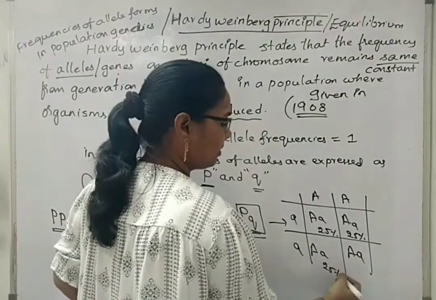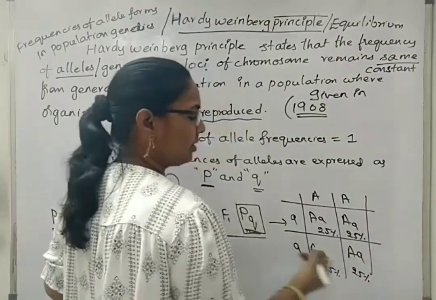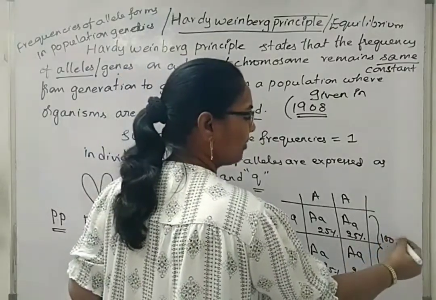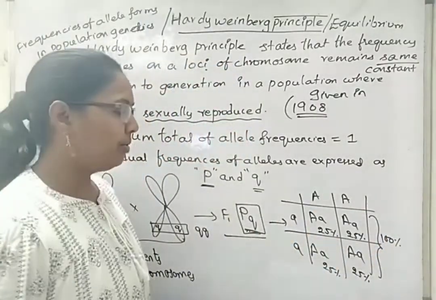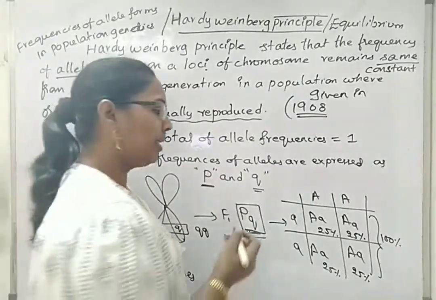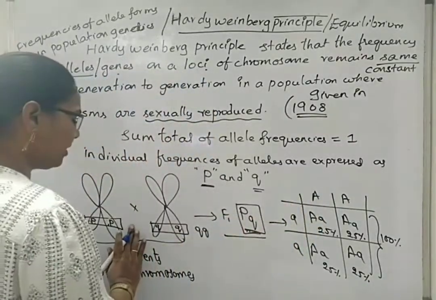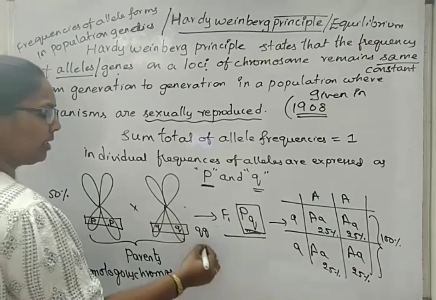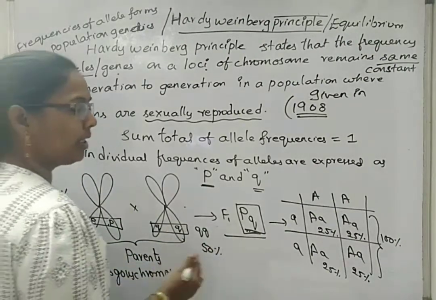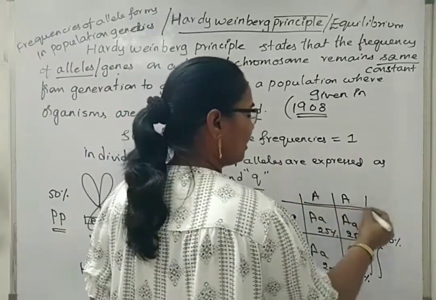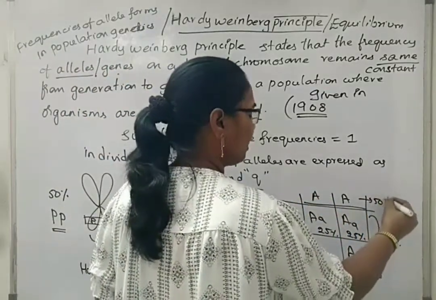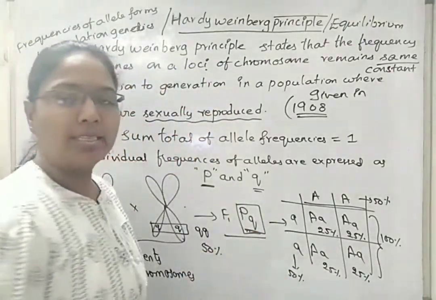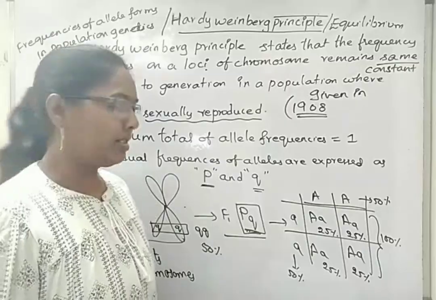It means overall the F1 generation is representing 100% of gene pool or allele frequencies. Then what about the parents? Here we are taking only two homozygous, it is equal to 50% and 50%. So the parents also showed the same type of allele frequencies.